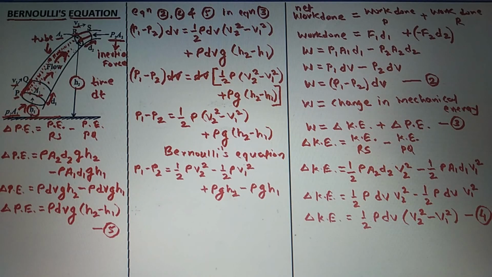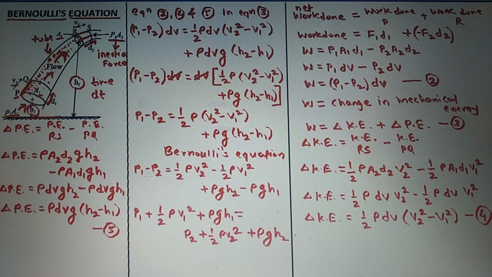If we shift minus 1 by 2 rho V1 square to the left side, it will be plus 1 by 2 rho V1 square, and if we shift minus rho g H1 to the left side, it will be plus rho g H1. If we shift minus P2 to the right side, it will be plus P2, plus the remaining terms 1 by 2 rho V2 square plus rho g H2.